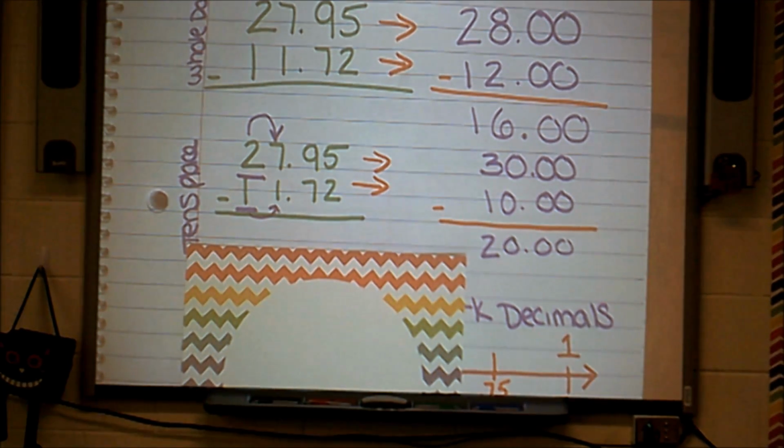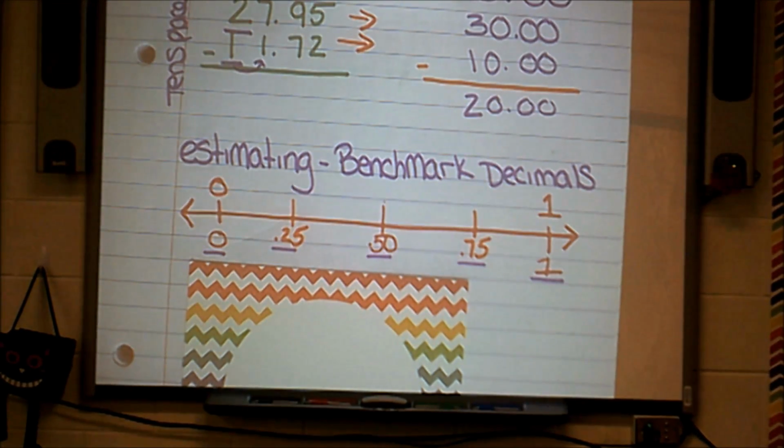In my opinion, those are both pretty simple ways to estimate decimal sums and differences. Let's look at something that's a little bit different. We're going to be estimating using benchmark decimals. Now our benchmark decimals are very similar to quarters, as you notice.